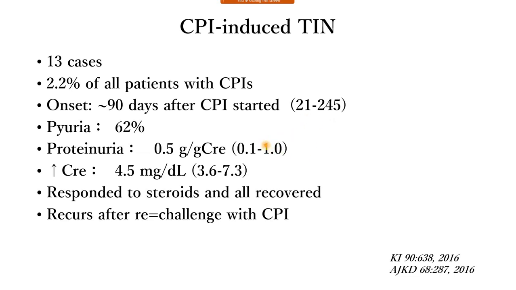Pyuria is seen in 62% of patients, and proteinuria, which is actually mild, is seen in some patients, about 0.5 gram per gram creatinine, ranging from 0.1, which is normal, to 1.0 gram. And the rising creatinine mean is 4.5 milligram per deciliter. CPI-induced TIN responded to steroids and all recovered in this paper. But some cases recur after re-challenge with CPI.